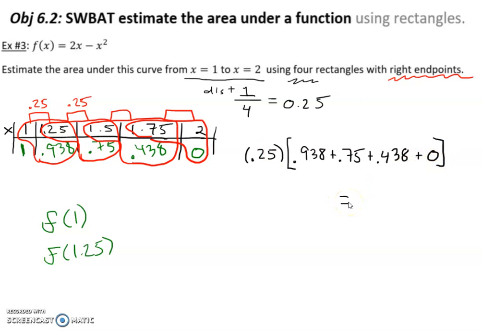I'm going to type this in the calculator, and this will give us the answer. When I type all this in, I get 0.532. So that's the approximate area under this curve from 1 to 2.